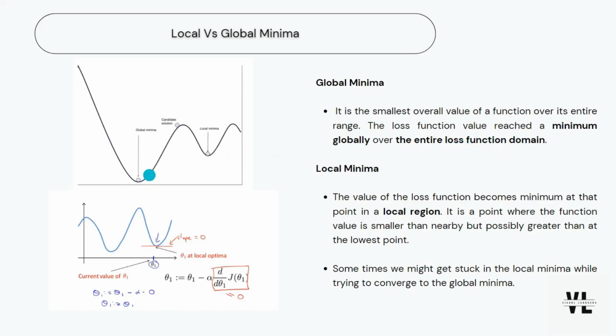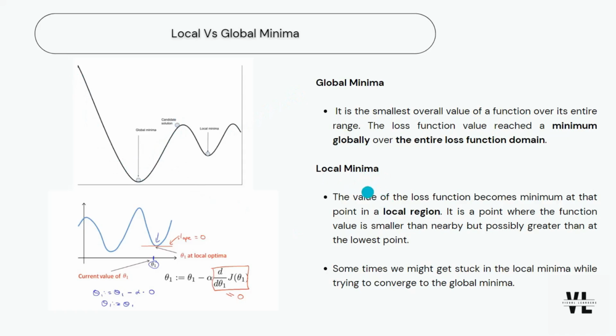So a global minima is basically the minimum or the lowest point across the loss function domain. There might be a lot of minimum points, but the one with the lowest value is known as the global minima, which is the trough of this function.